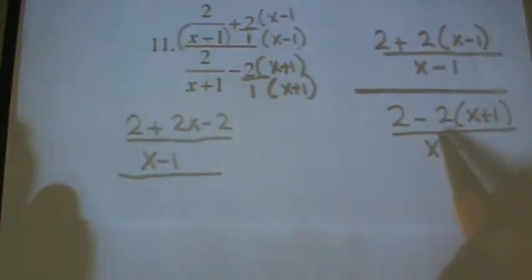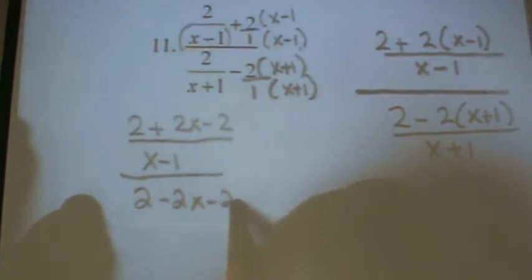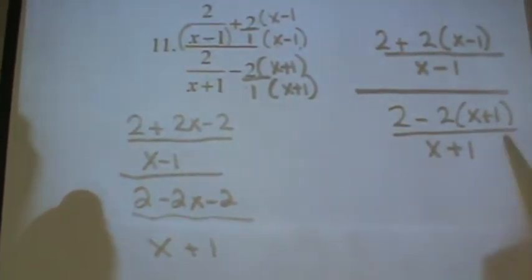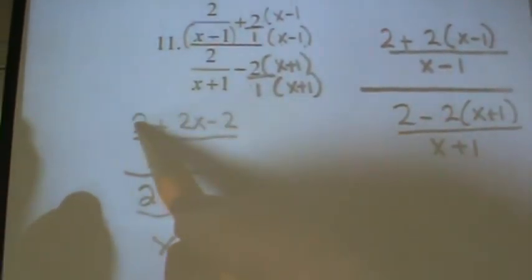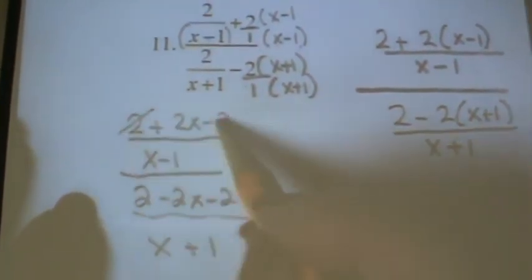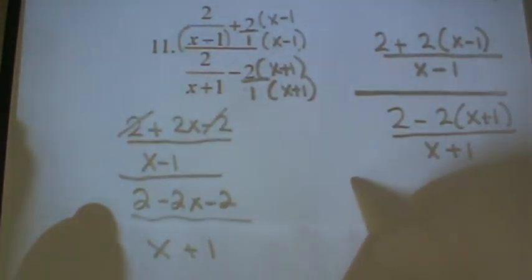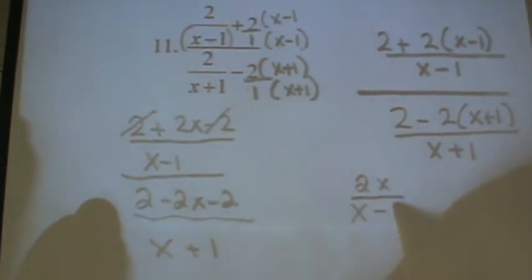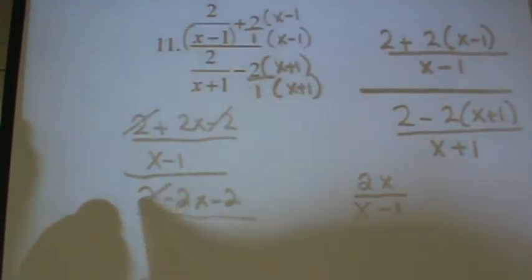And then you distribute the other one, okay? So 2 minus 2x minus 2. What cancels up on top? The 2's cancel. So you really have 2x over x minus 1. What happens with these two?